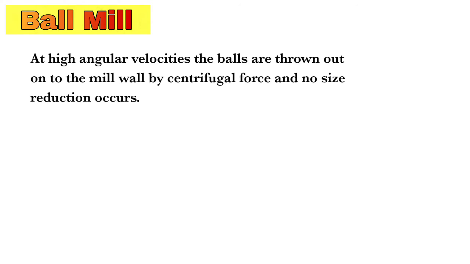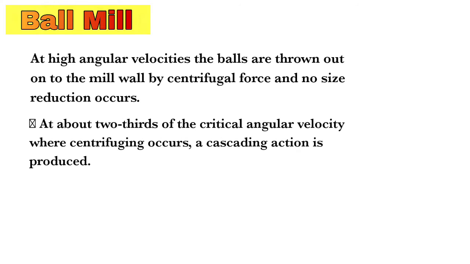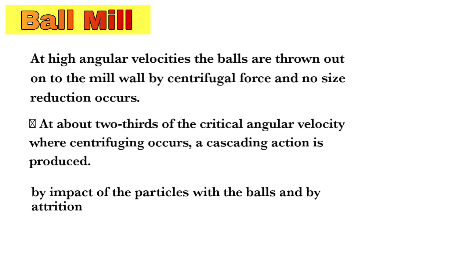At higher angular velocities, the balls are thrown out onto the mill wall by the centrifugal force and no size reduction occurs. At about 2/3 of the critical angular velocity where centrifuging occurs, a cascading action is produced. By this means, the maximum size reduction occurs by impact of the particles with the balls and by attrition.